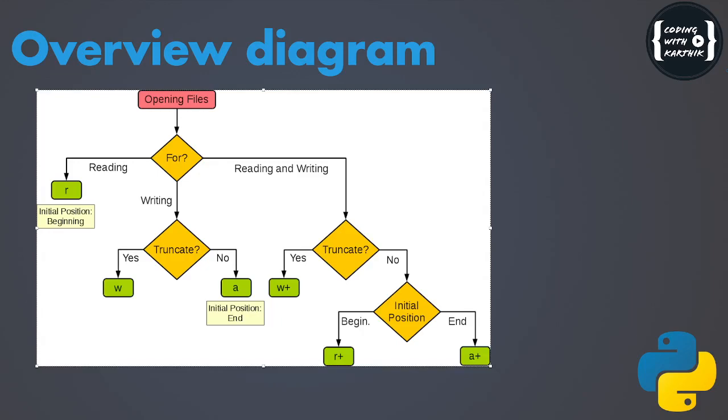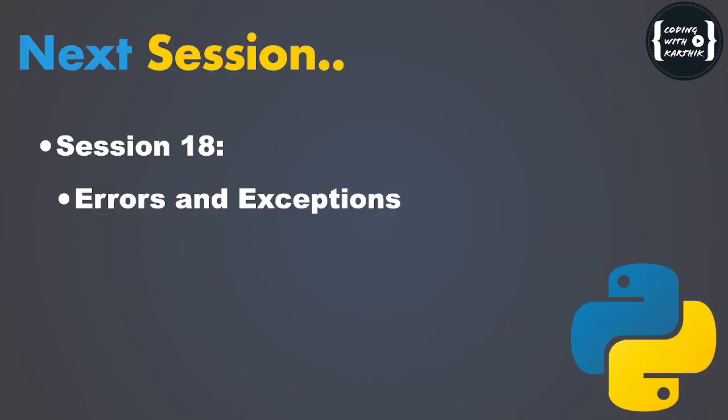That's it for this session, and in the next session we'll discuss errors and exceptions and how to handle exceptions. Please follow the next session because it is very important. Without exception handling, you can't become a classical programmer.